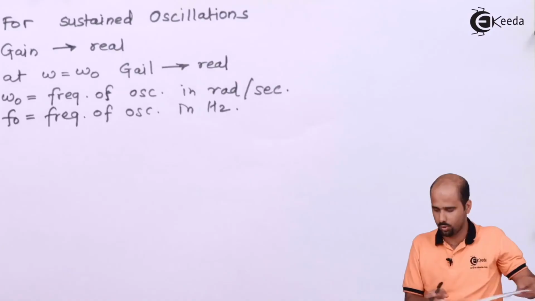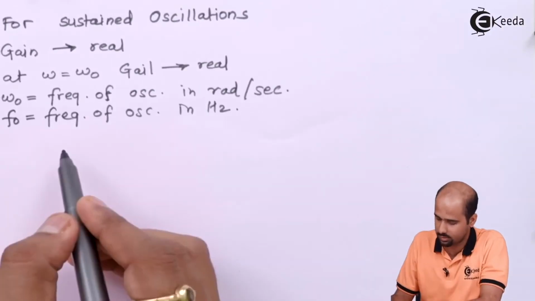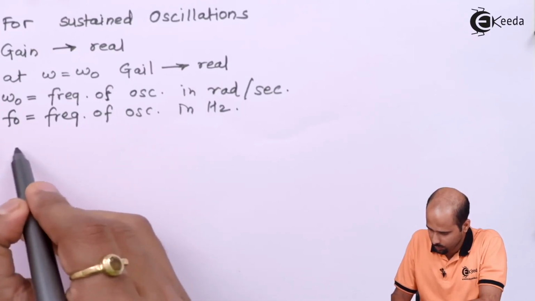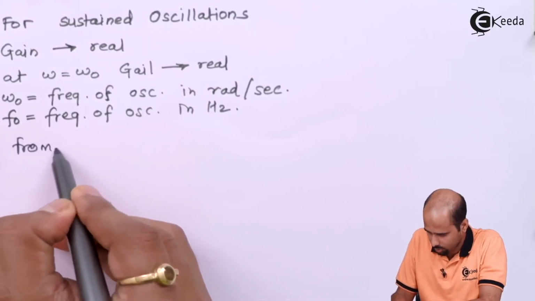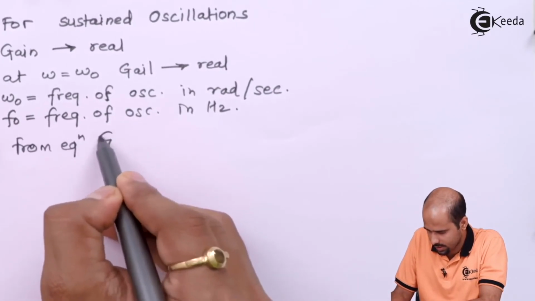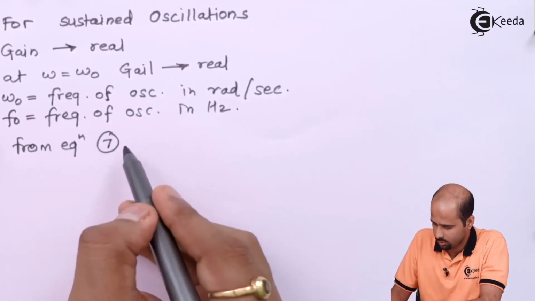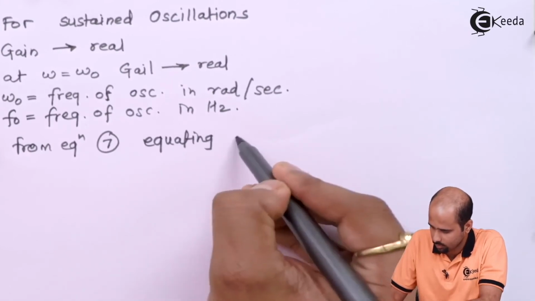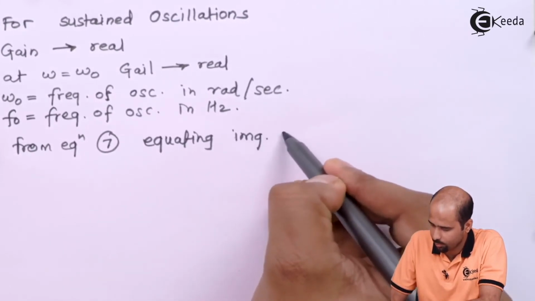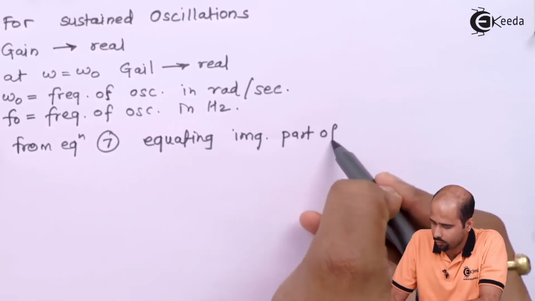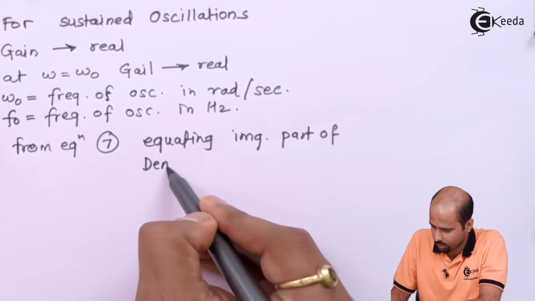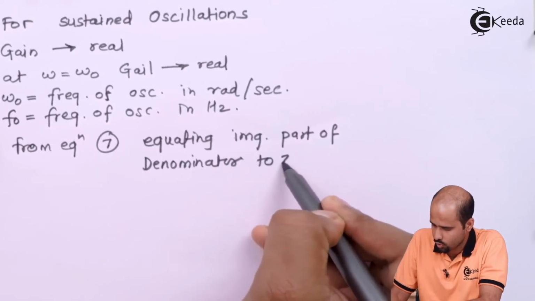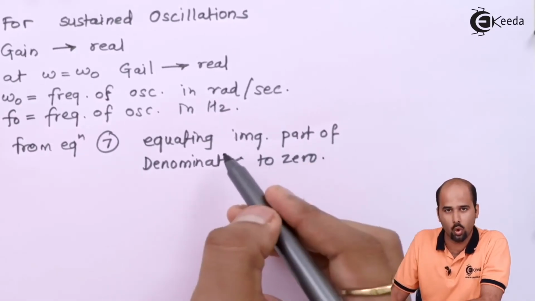So whatever things I have got, that is A, AB. Then from equation 7, equating the imaginary part of the denominator to 0, what do I get?